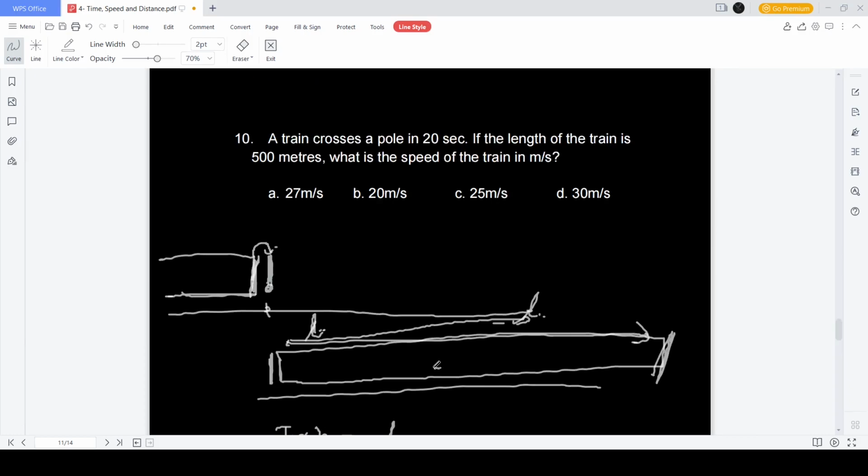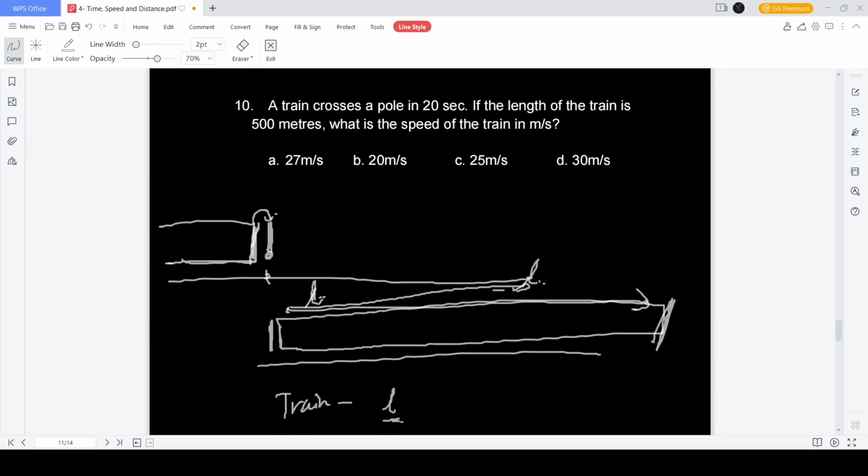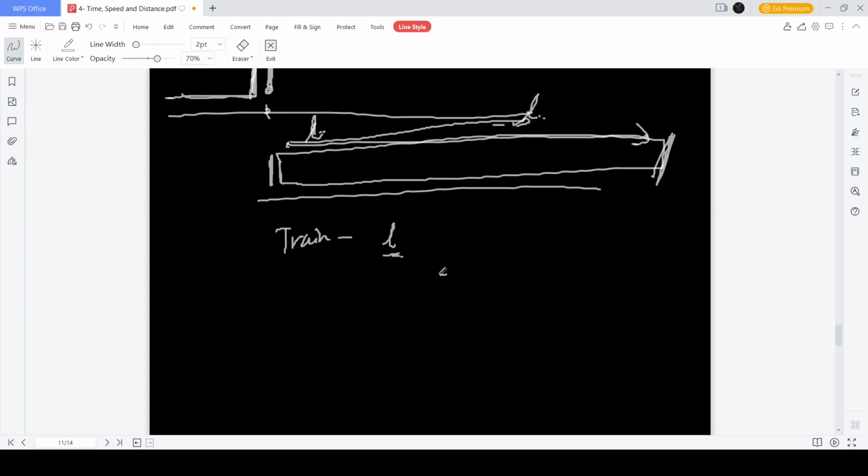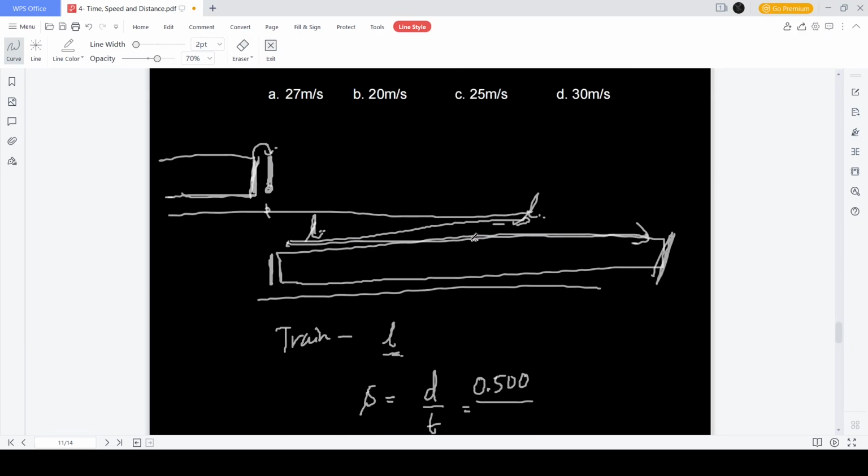So whatever they've given, 500 meters. So the speed of the train is equal to distance by time, and distance is nothing but length of the train. Length is 500 meter, that is 0.5 kilometer, divided by time, which is 20 seconds.